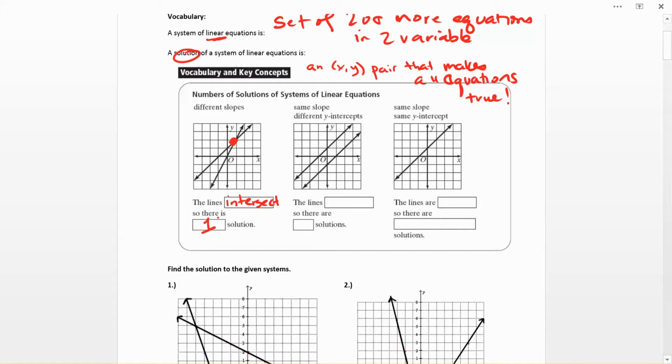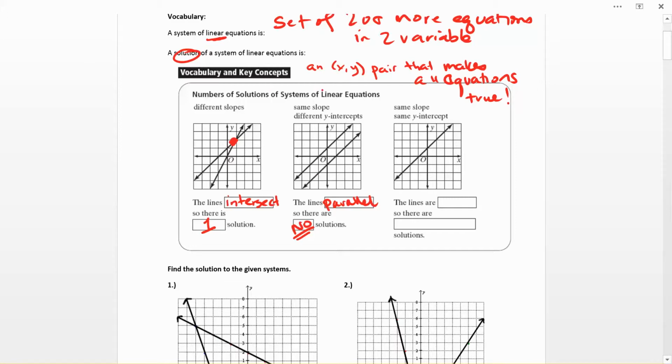However, there are a couple of other options that bear noting. One very rare situation that happens sometimes is when you look at their graphs, they're actually what we call parallel. If your two lines are parallel, there are no solutions in that particular instance because the lines never intersect. So there's no point that will make both equations true at the same time.